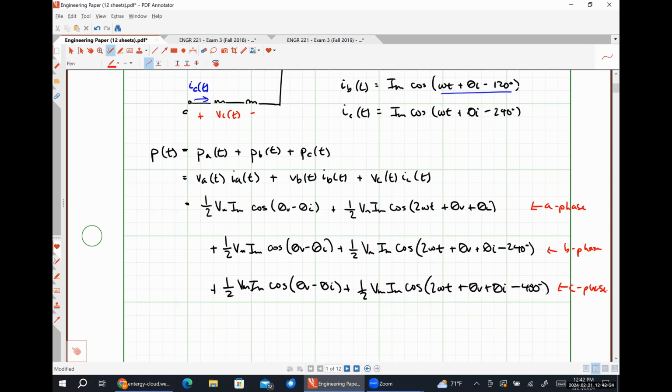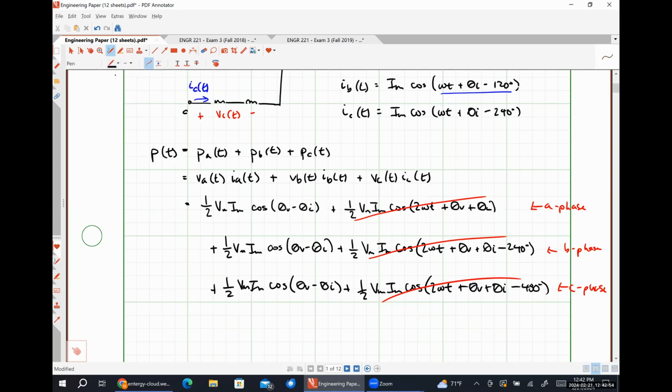So what happens when I add three things together that have equal magnitudes but are exactly 120 degrees out of phase with each other? So if I were to just take one angle 0 plus one angle negative 120 plus one angle negative 240, what do I get? I've asked you guys to do this before. 0. So all three of these AC terms exactly cancel each other out.